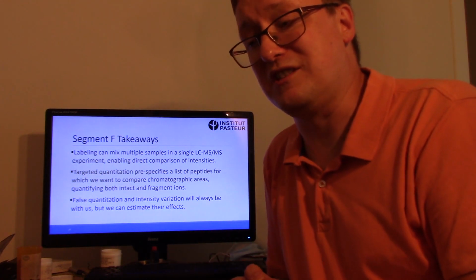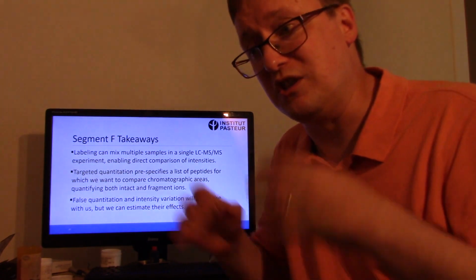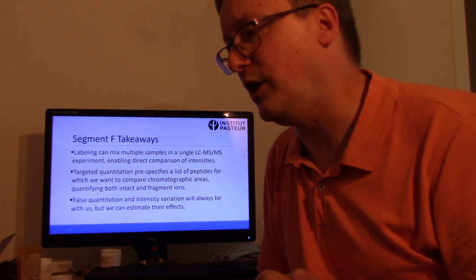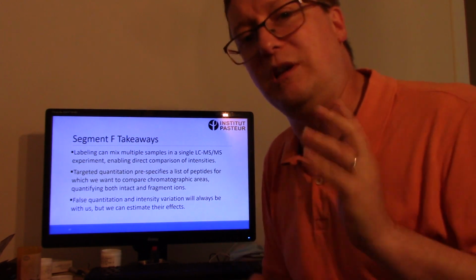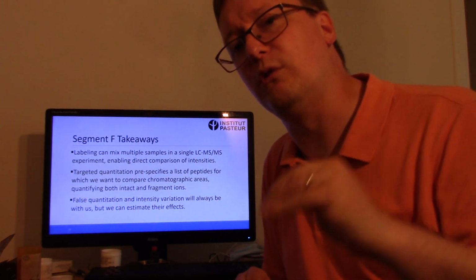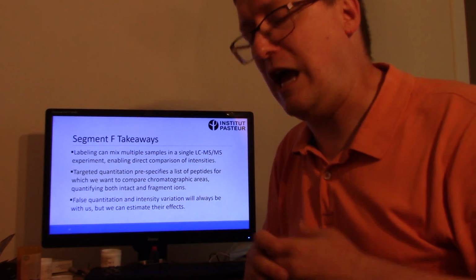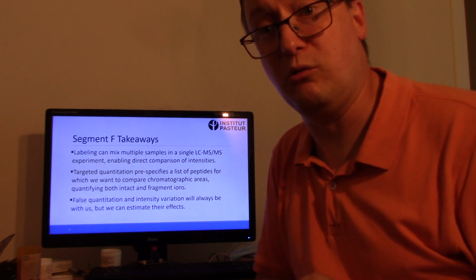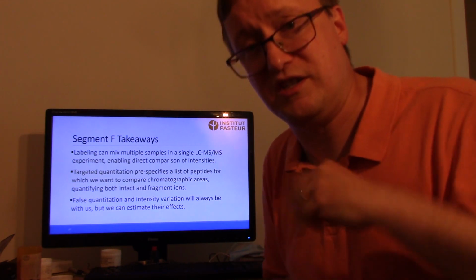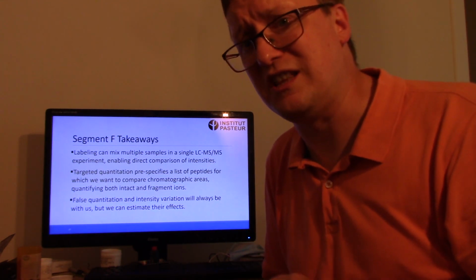When we talk about systems like MaxQuant, using retention time matching and so on, it is certainly possible that the software will give you a measurement of how much of a peptide is present in a sample when zero of that peptide is present in that sample.